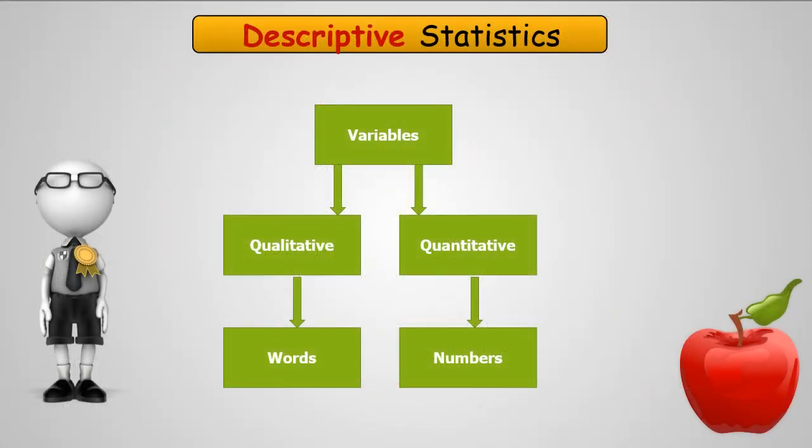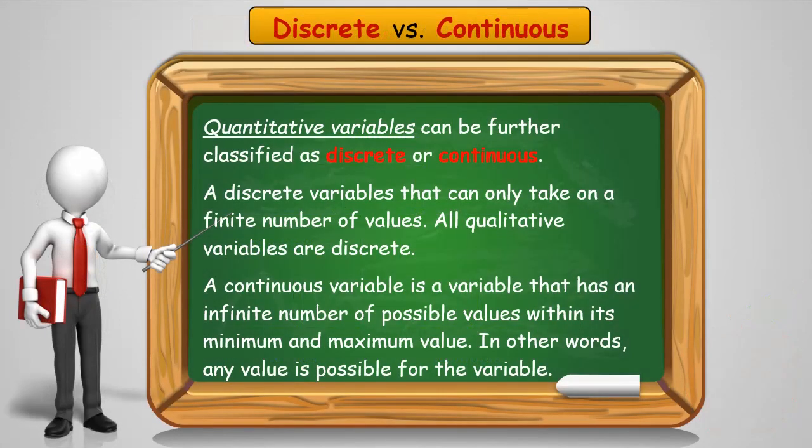So in terms of representation, for descriptive statistics, variables are qualitative, which are words or strings, and quantitative, which are numbers. However, numbers need to be broken down further, in that a quantitative variable can be classified as either discrete or continuous. A discrete quantitative variable takes on a finite number of values, whereas continuous can be any value between a maximum and a minimum.